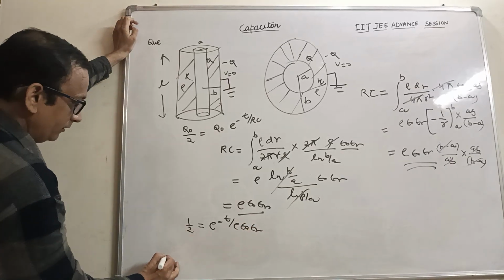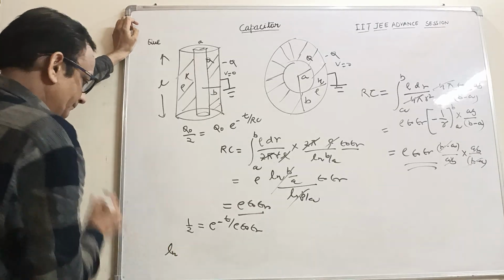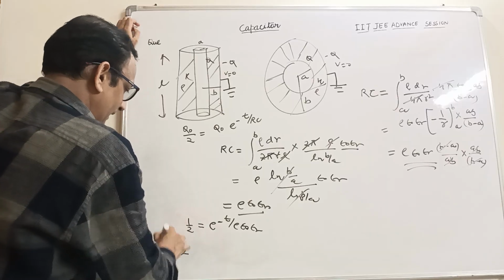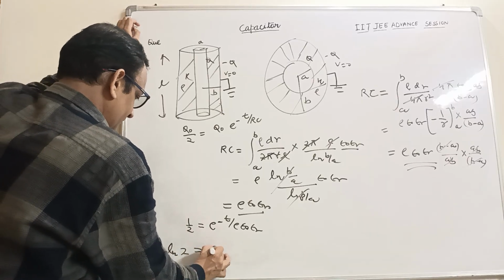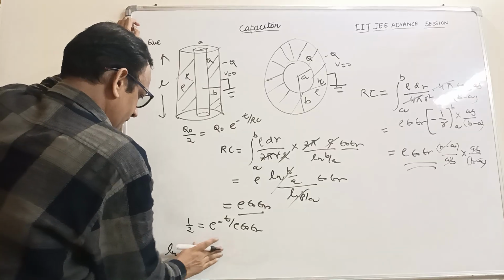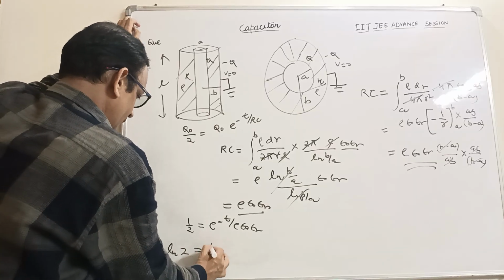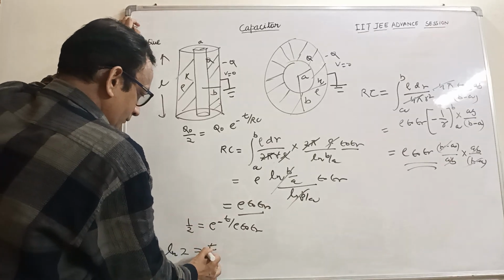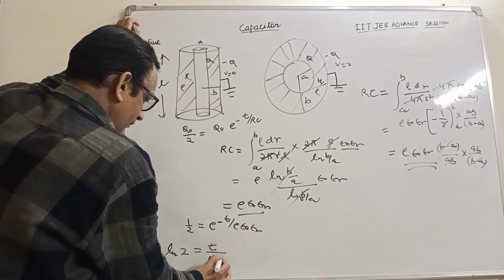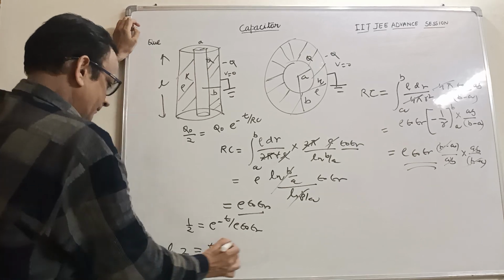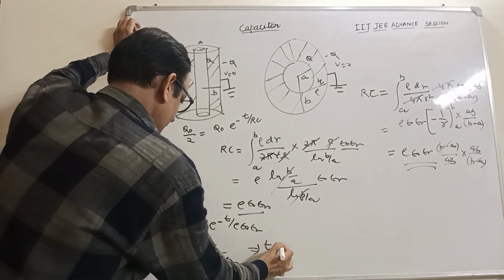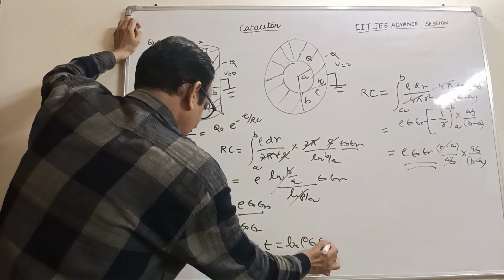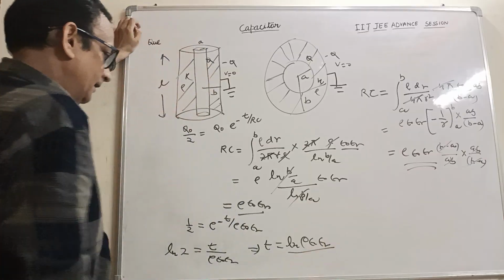Taking the log, log 2 becomes positive, log of 1 by 2 inverted, so t over rho epsilon naught epsilon r. So t becomes the time, natural log 2 times rho epsilon naught epsilon r.